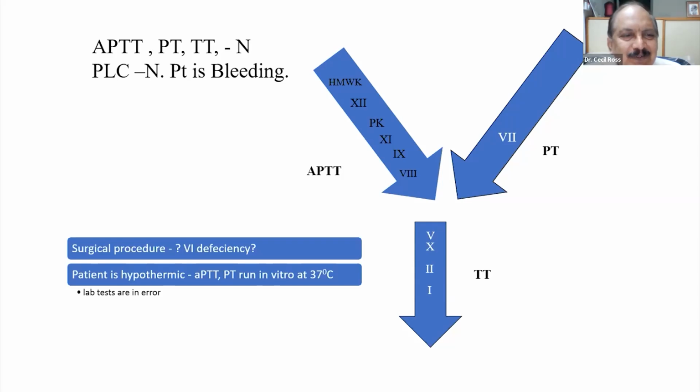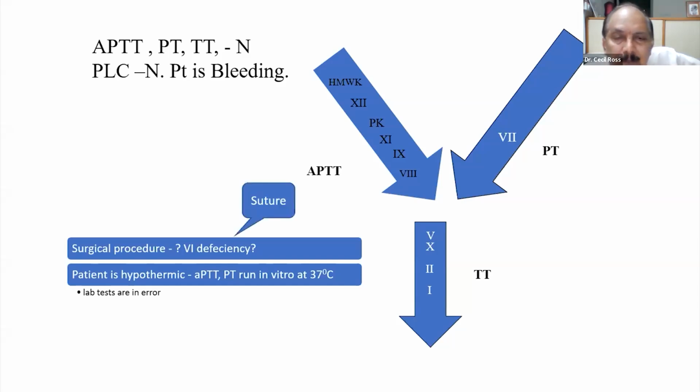You think whether the person has hypothermia, which is normally seen in the ICU setup. If the person is hypothermic, APTT and PT are run in vitro at 37 degrees centigrade, so the lab test may be in error. The commonest thing that you especially see in surgical patients is factor 6 deficiency. You know what factor 6 is? There are 13 factors, right? So what is factor 6?